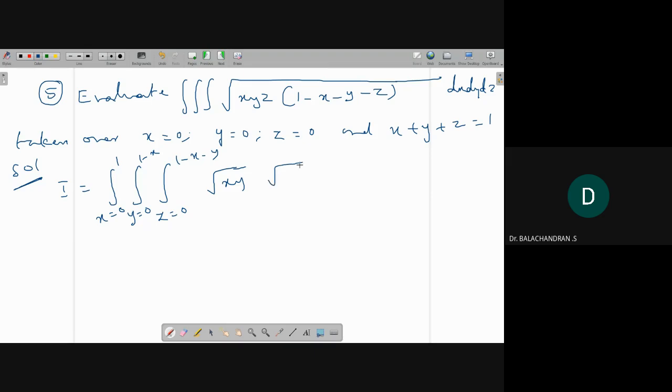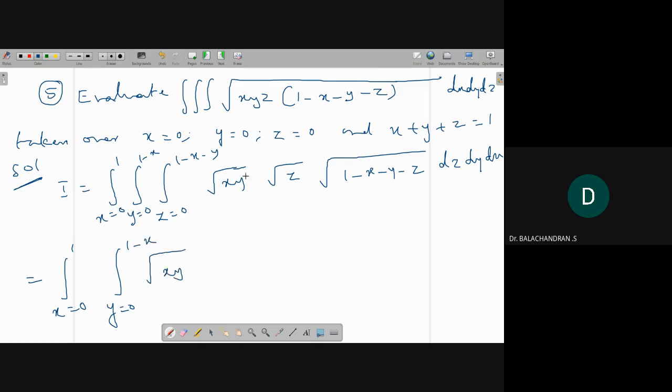So I split it like this: x equal to 0 to 1, y equal to 0 to 1 minus x, root xy, and then z equal to 0 to 1 minus x minus y, root z into root of 1 minus x minus y minus z into dz dy dx.